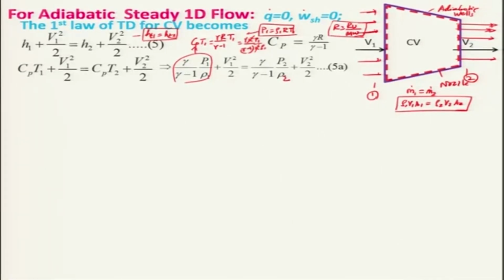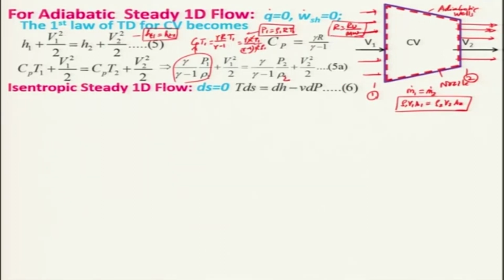and considering the flow to be one dimensional. So, if it is an isentropic, steady flow, then we can say that the change in entropy is equal to 0, and when ds is equal to 0, then we can invoke this equation T ds is equal to dh minus v dP, and for isentropic flow the left portion will be 0.